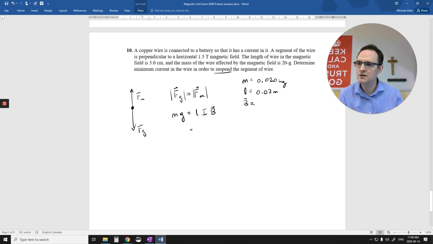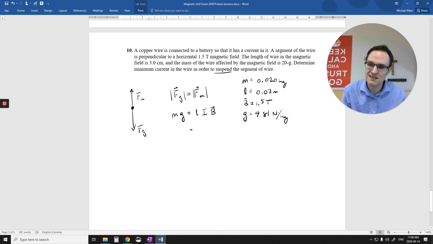The magnetic field strength looks pretty good, 1.5 Teslas. Gravity we know is 9.81 newtons per kilogram. I didn't say meters per second. Remember, it's not really accelerating. It's suspended, so we can't really say it's accelerating at 9.81. Anyway, remember, the units are the same, though.